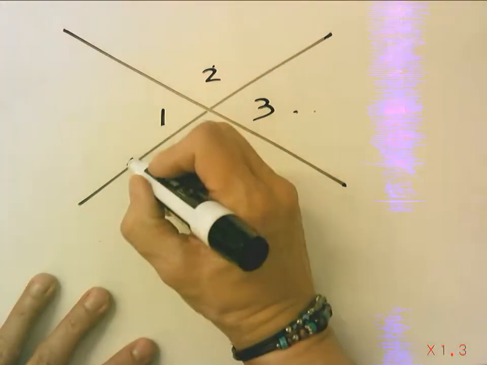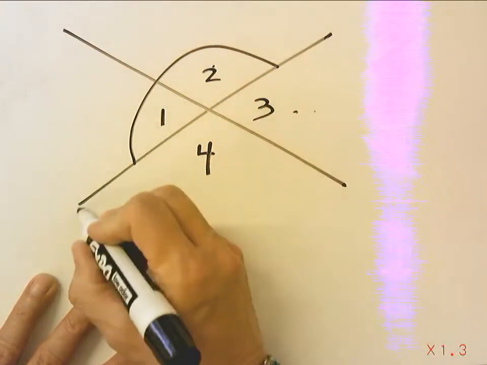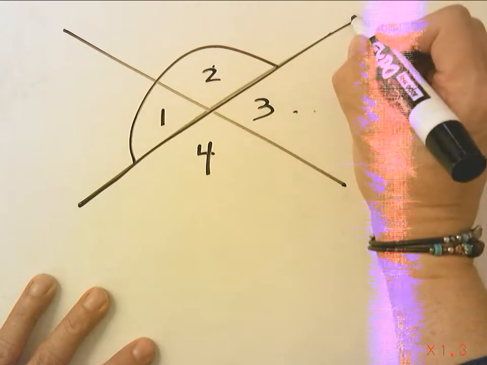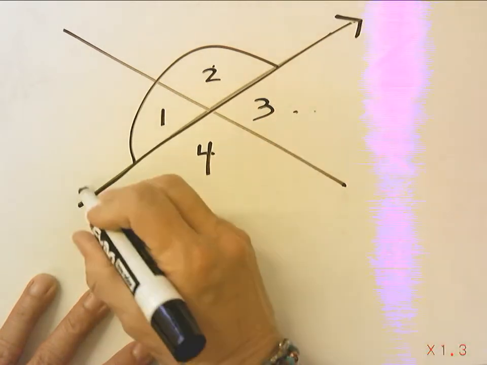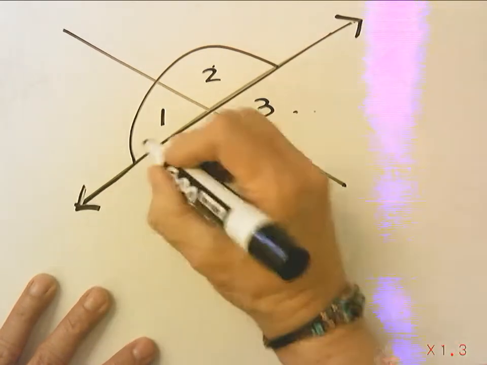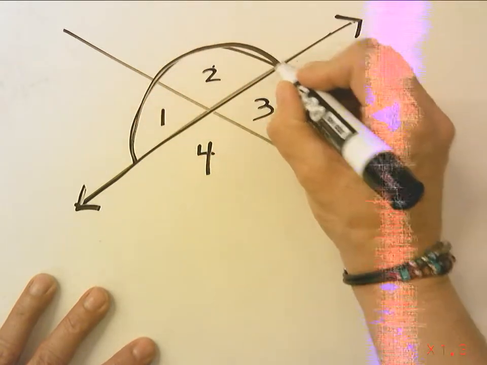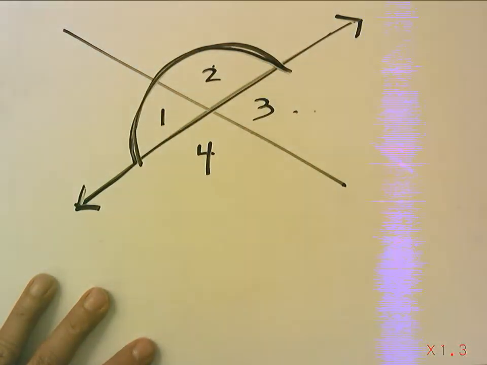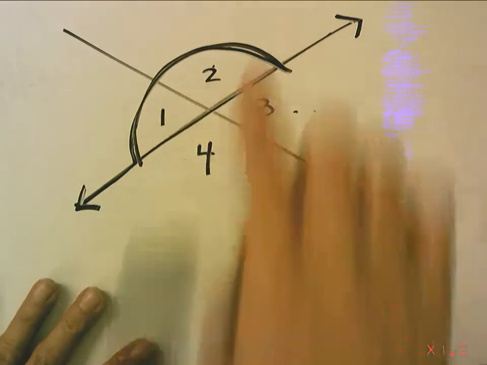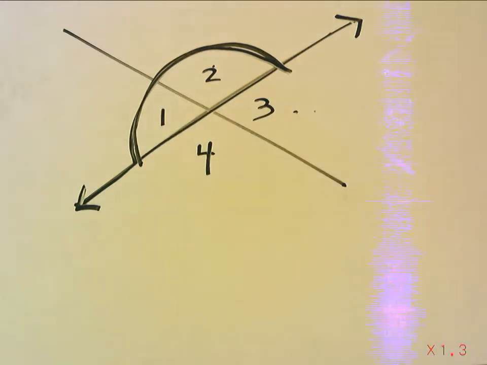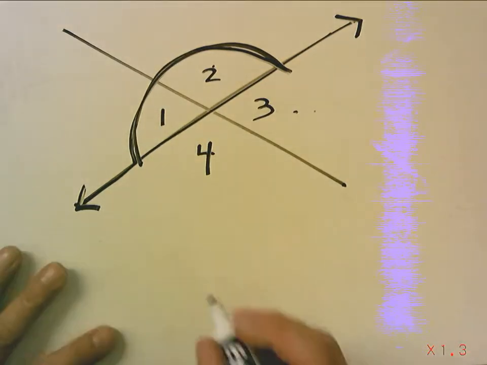Now, 1 and 2 are supplementary angles. They are supplementary because a straight angle, and this is a straight line, equals 180 degrees. So I know the measure of angle 1 and the measure of angle 2 equals 180.